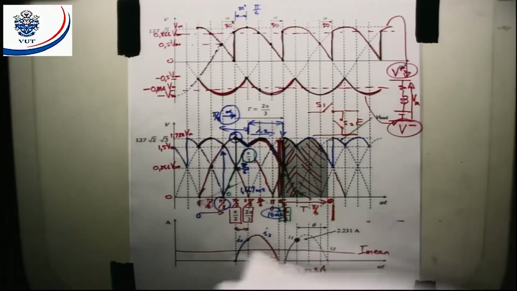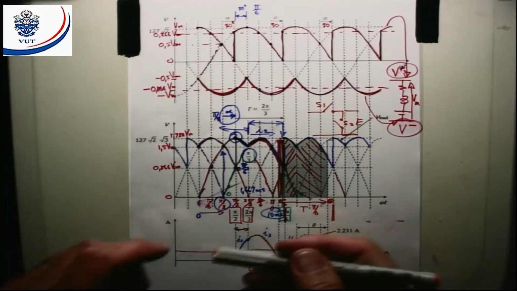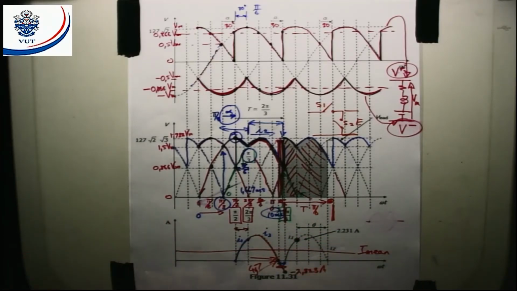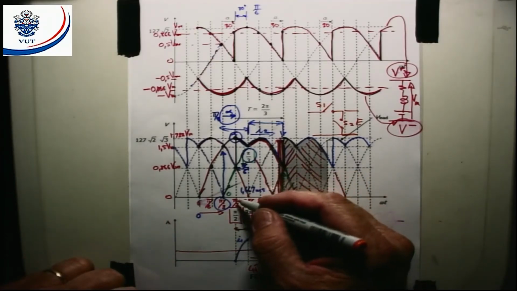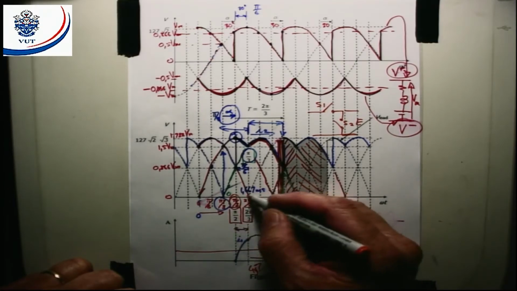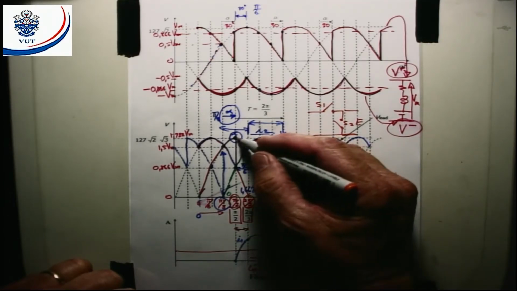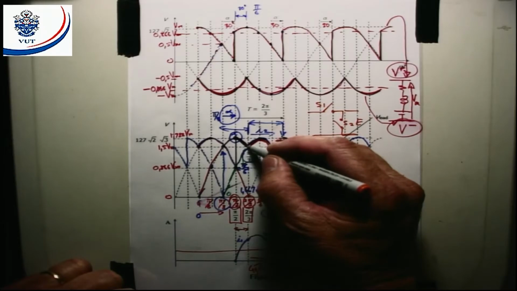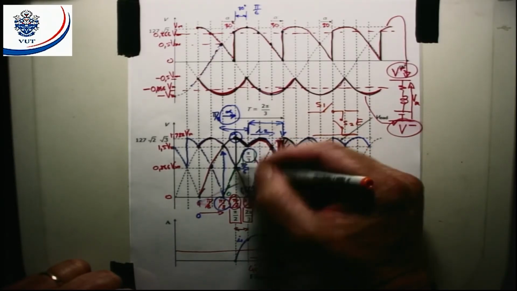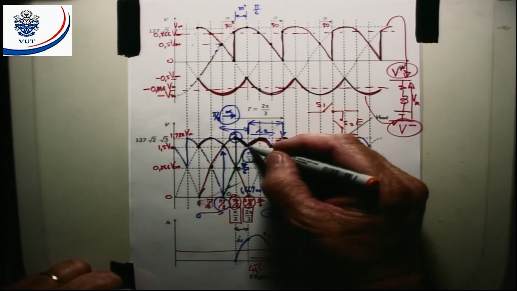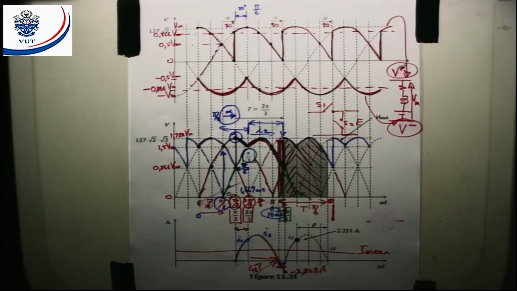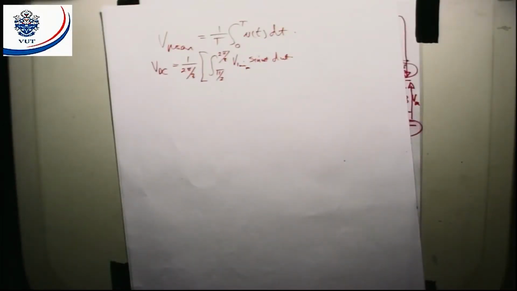We find those limits there: there's pi over 2 and there's 2 pi over 3. So we are talking about that section there, starting at pi over 2 and going up to 2 pi over 3. Correct? Are you happy with that one? Or do you think you're going to look at it later?